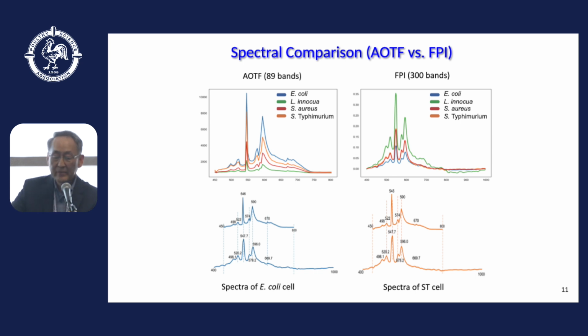The AOTF shows the 89 bands, compared to FPI. FPI has more resolution, you can see the curve is smoother, right? But when you compare the peaks and valleys one-on-one, it's almost identical, a little bit shifted. That depends on some calibration issues. We identified that and matched it.